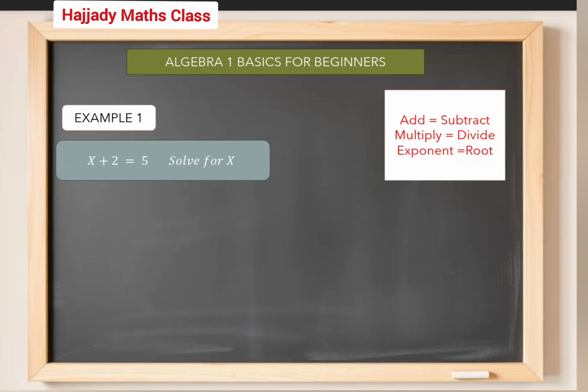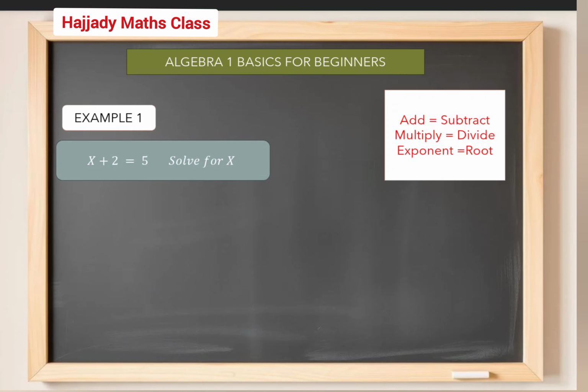If the variable x has an addition sign separating it from the other value, then we need to introduce the inverse, which is subtraction. And if it is multiplication, then we introduce division. And lastly, if we have an exponent, then we can introduce square roots and vice versa.